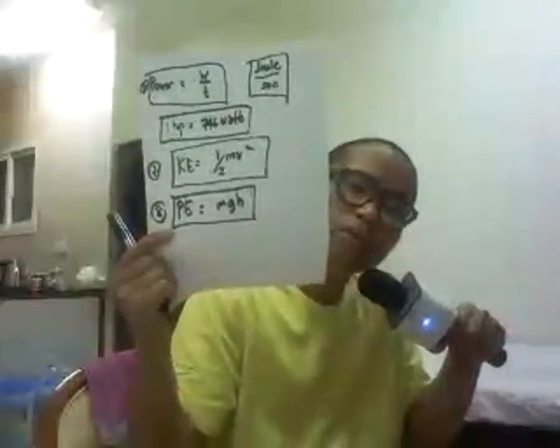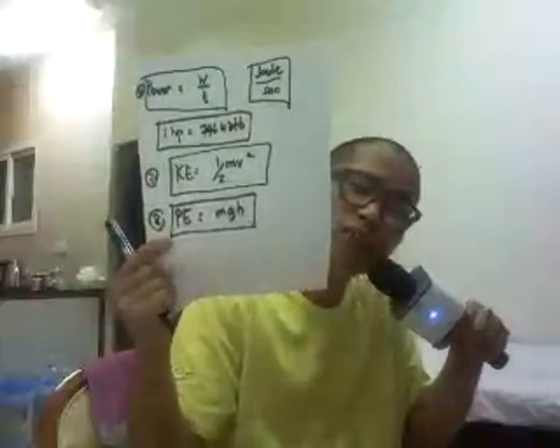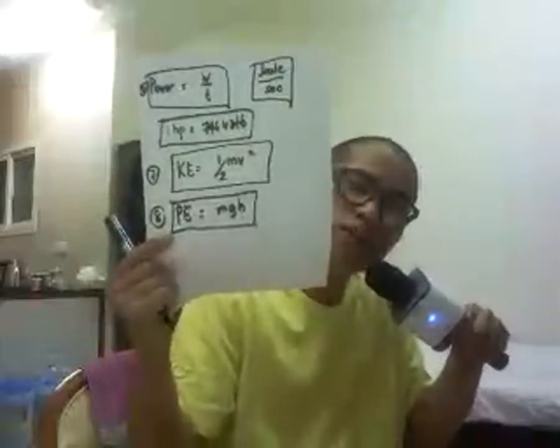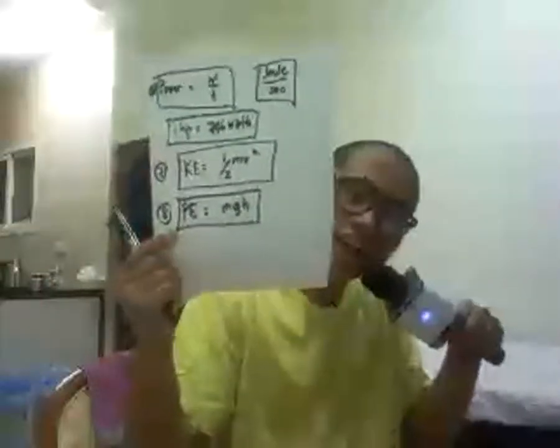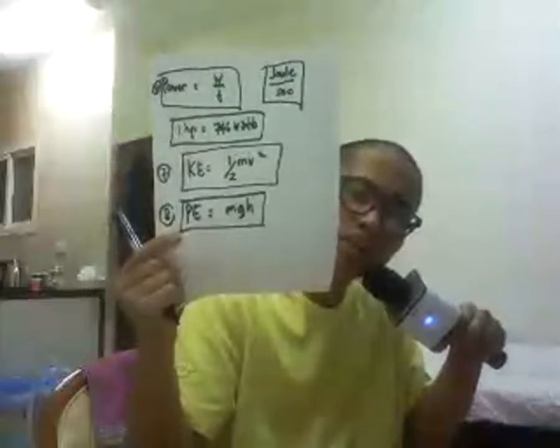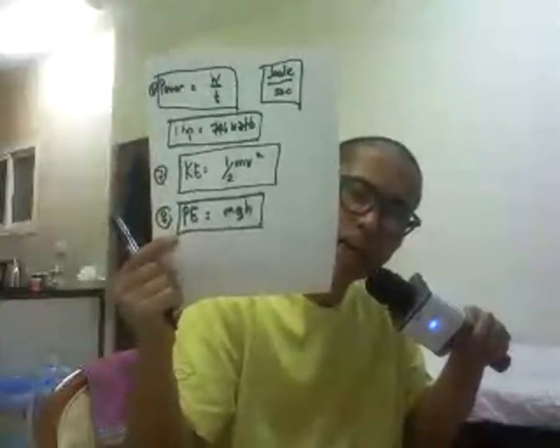Because if you substitute also the horizontal distance covered by an object, the unit also will be the same. But that is not the horizontal distance. That is the elevation or the height or the vertical distance. Okay. Potential energy is the mass of an object times the gravity times the height or the elevation. The gravity is always 9.81 meter per second squared in metric system.